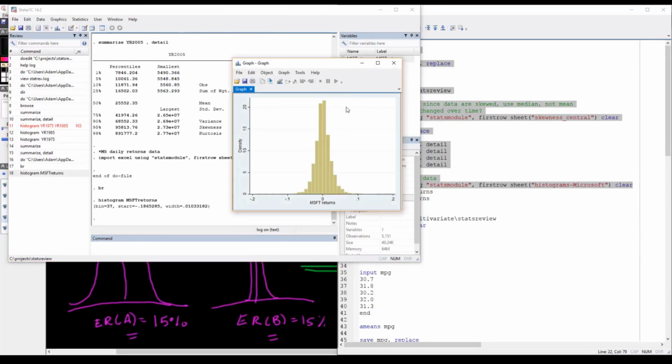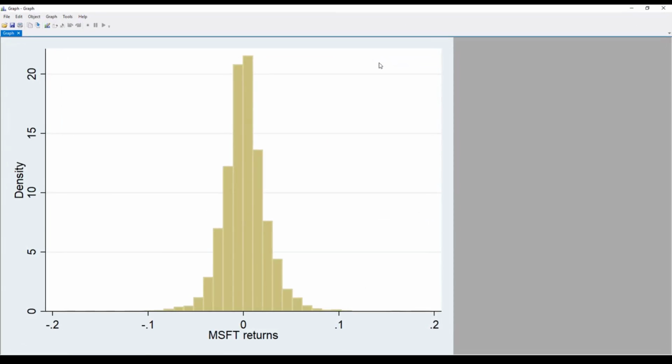I'll look at the histogram of the returns, and as you can tell, the average is about 0, which is not uncommon for daily returns. And the variability goes from about -0.1, or -10%, to 10%. And we're normally distributed around 0 in this range.